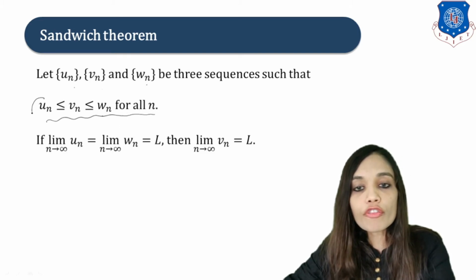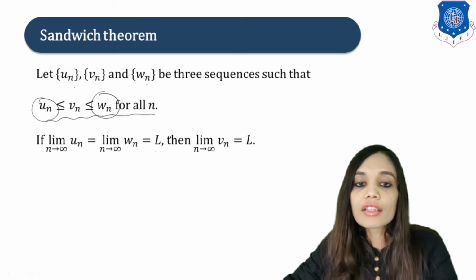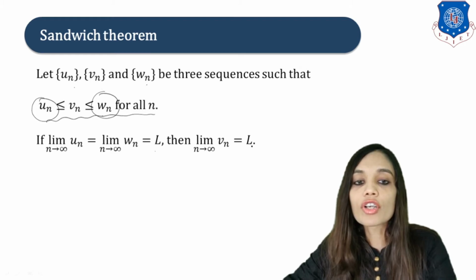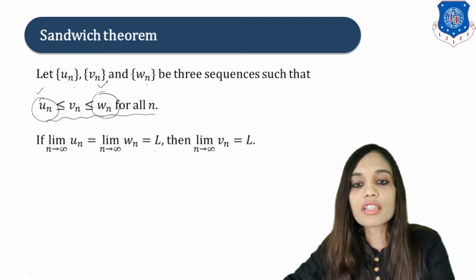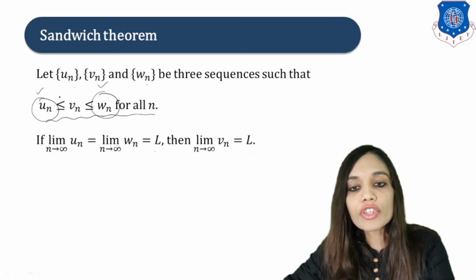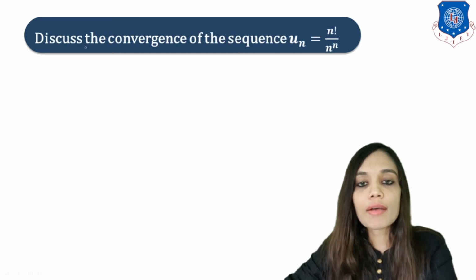If the limit of un and wn is equal to l, then the limit of vn will also be equal to l. So what does this theorem state? If the limit of these two sequences is equal, then the limit of vn also will be equal to what? L. So let us start solving a few examples.